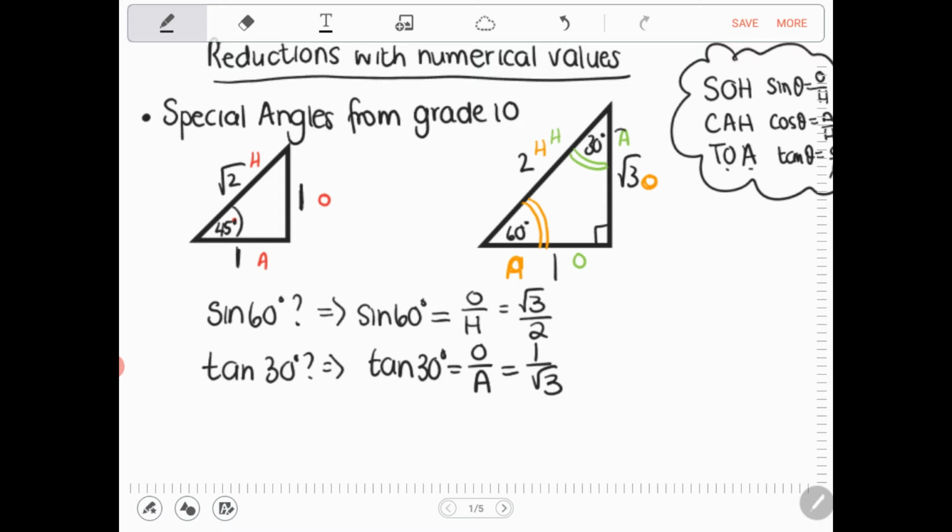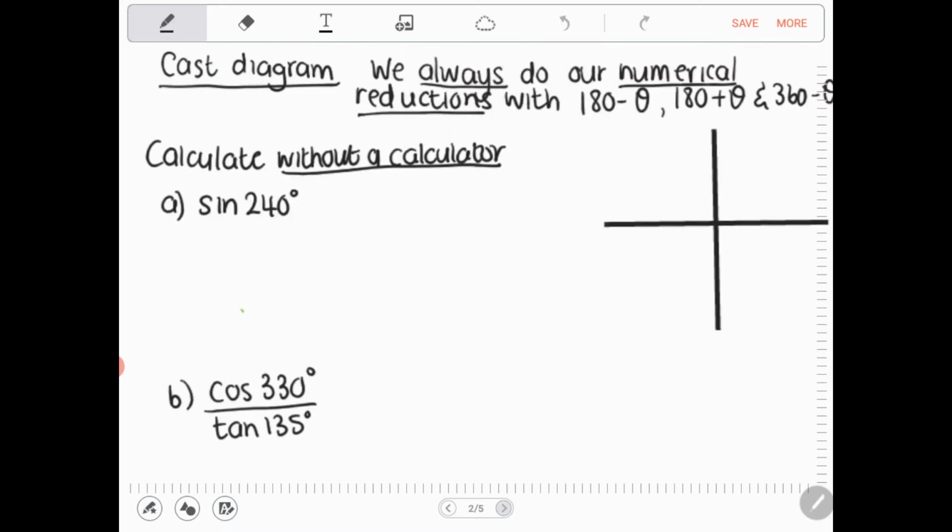So we use these triangles to read off the special angles, which you did last year. What is the sine of 45? Okay, sine 45. Obviously now I have to change my triangle and use a 45-degree triangle. Sine is opposite over hypotenuse. For 45, opposite is 1, and hypotenuse is root 2. All right, so you need to remember your triangles.